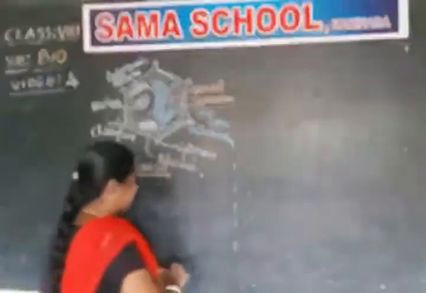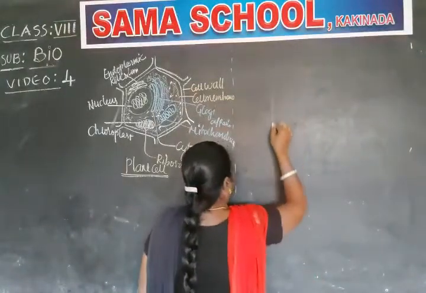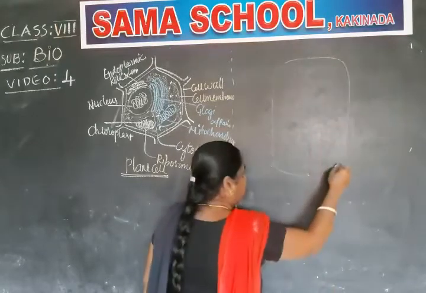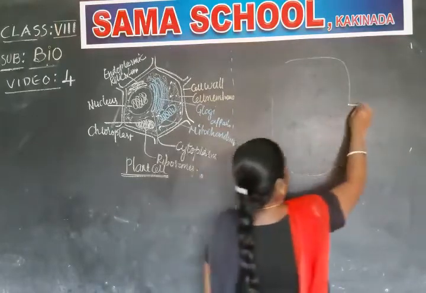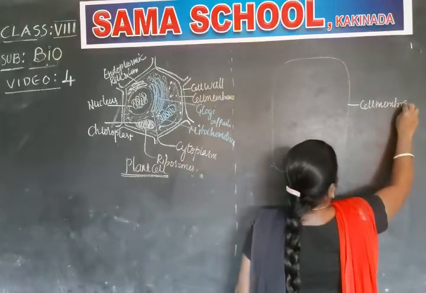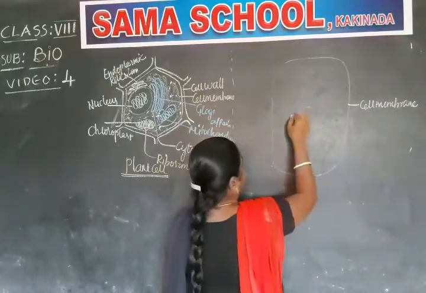Okay, then animal cell I am drawing very thin, so only cell membrane will be present. Then center nucleus.